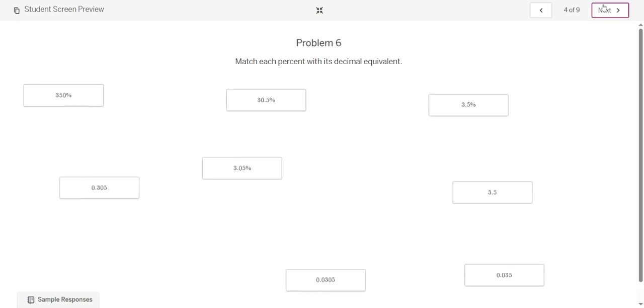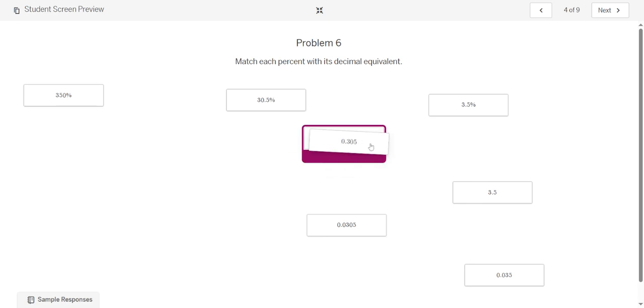Next. Oh, a matching. Okay, well, mine looks a little bit different. I've got a 0.350. This guy. Oh, nope, I have a percent. 3.050 is the same as this one.